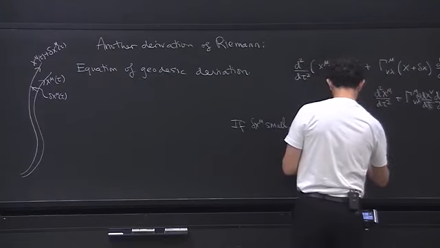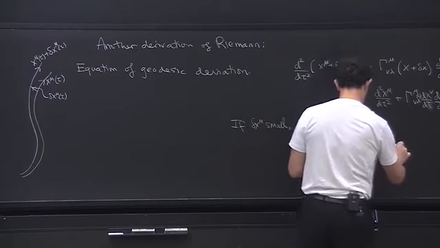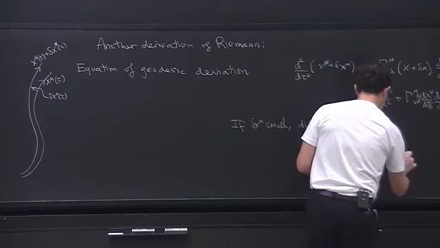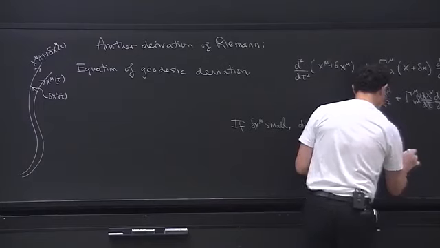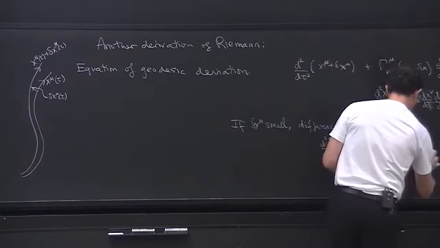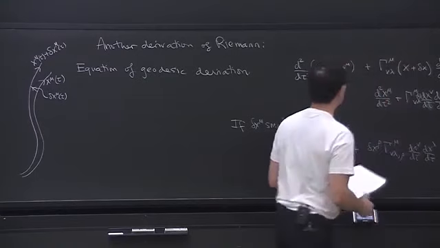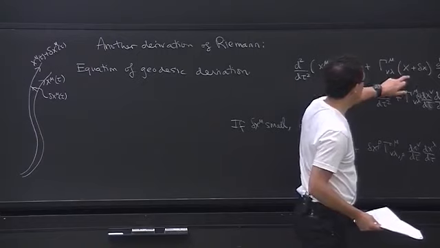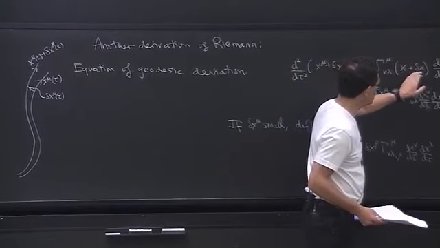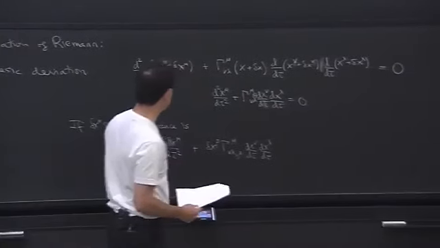And so this will be delta x rho gamma mu nu lambda comma rho dx nu d tau dx lambda d tau. Okay, so that's from differencing this term where I took to first order in delta x, and I subtracted this term.